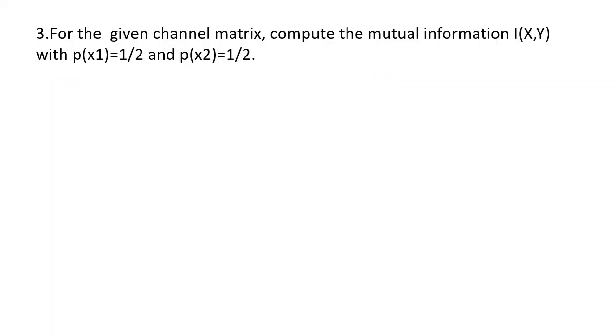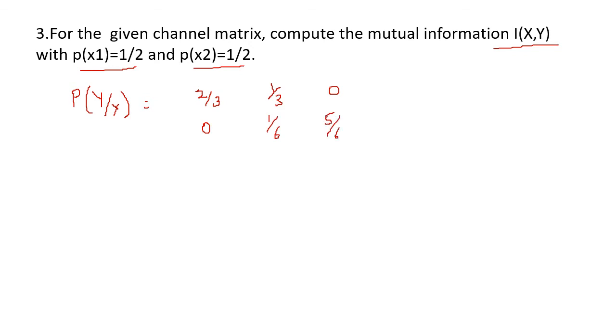For the given channel matrix, compute the mutual information I of X comma Y with P of x1 given as half, P of x2 given as half. So here the channel matrix P of Y by X is given, which is equal to 2 by 3, 1 by 3, 0 and 0, 1 by 6 and 5 by 6.